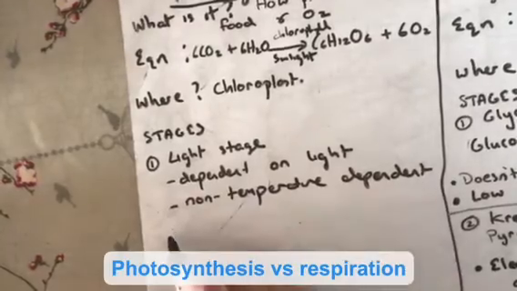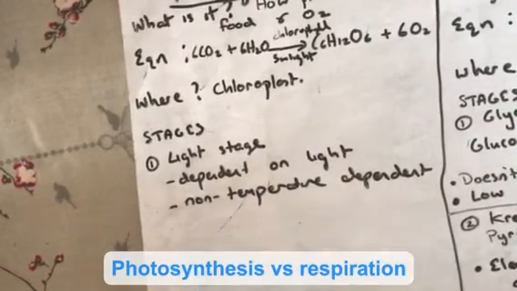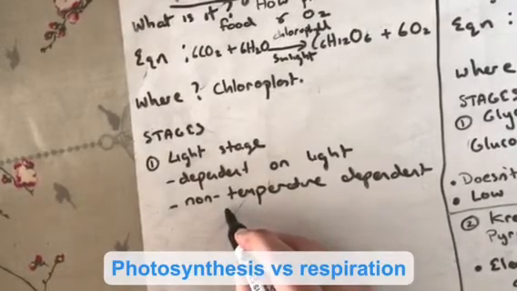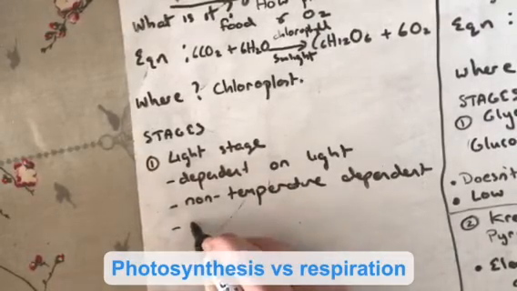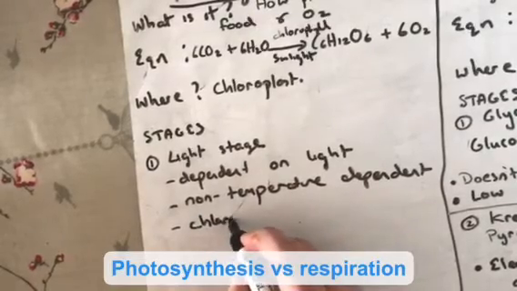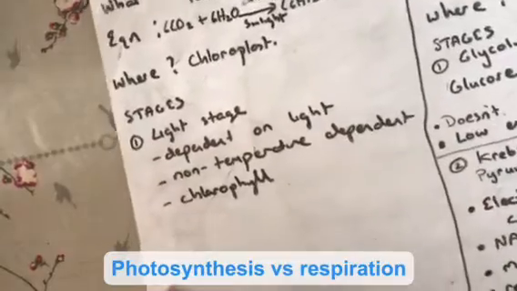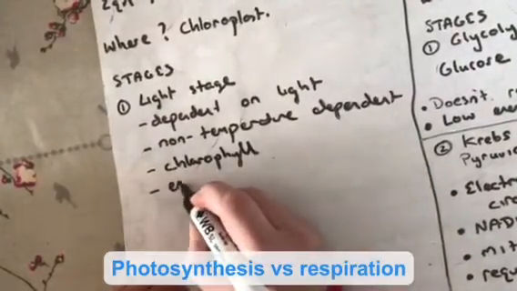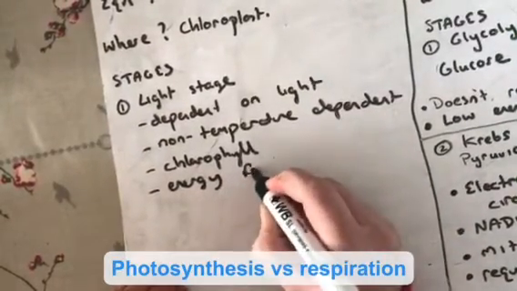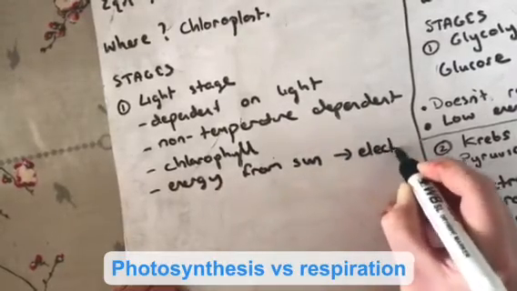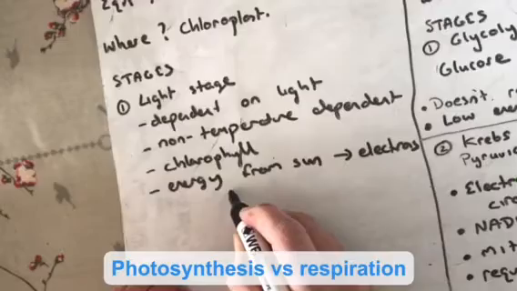So it's not enzymatically controlled. It also involves electron transport stages. Now the light stage itself is broken into 2 pathways. It happens in the chlorophyll. Energy from the sun goes to electrons, and then those electrons have 2 pathways to go on.